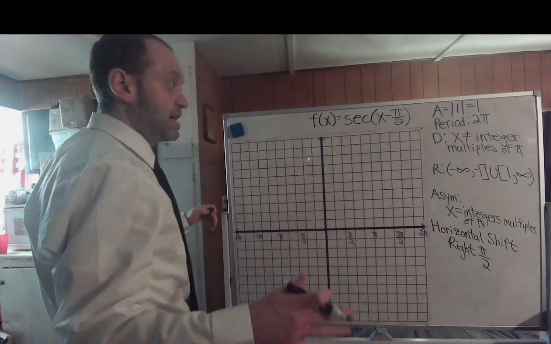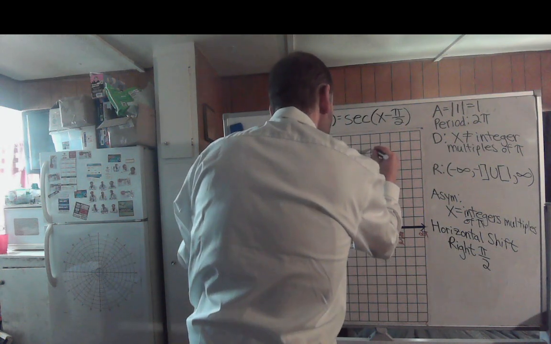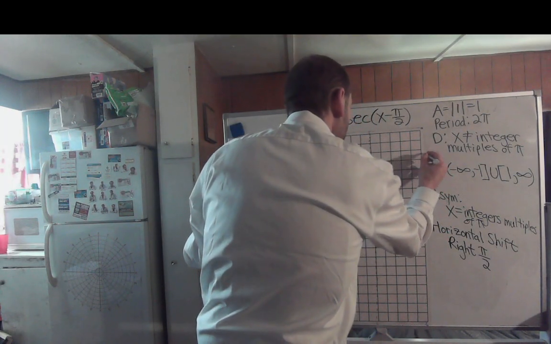So this time our asymptotes will be at 0, they'll be at pi, and then they'll be at 2 pi. Everything shifted to the right pi over 2 units.